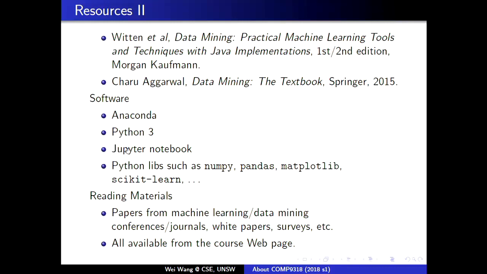And we are going to use the Jupyter Notebook. Actually, just last month or so, there is a new version, the next generation of the Jupyter Notebook, called JupyterLab or something like that.